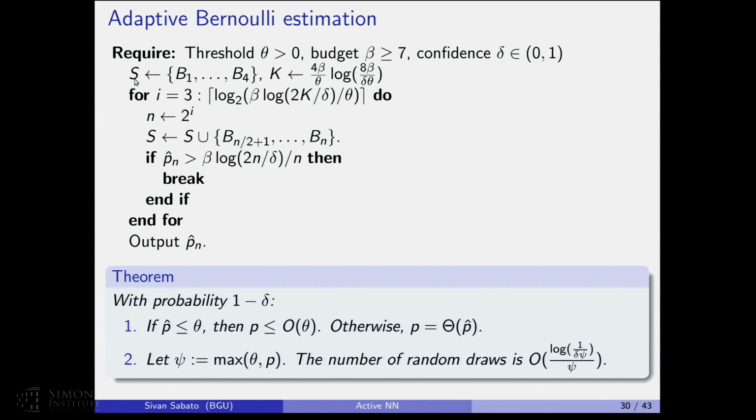We need to know when to stop. When we estimate the expectation of a Bernoulli variable, we can draw random samples, and we don't want to draw too many, so we have to know when to stop when we have the desired accuracy and no more. This can be done using empirical Bernstein bounds. I will not go into all of these details now, but this is what we do to be able to do the model selection.